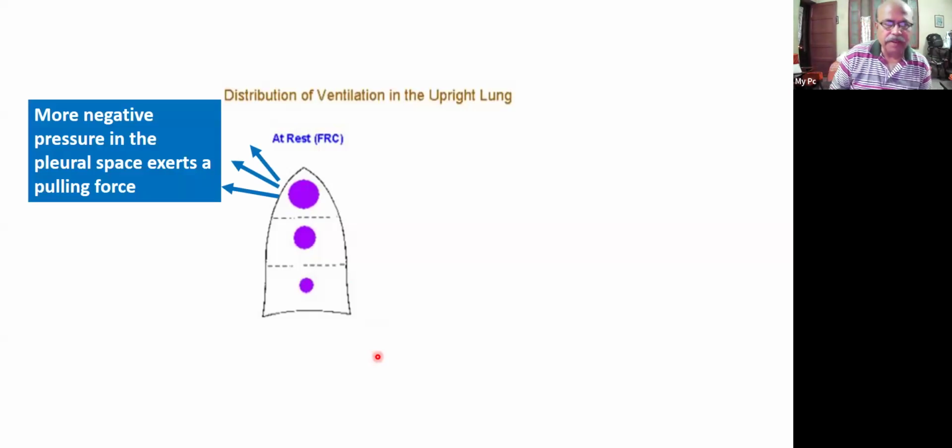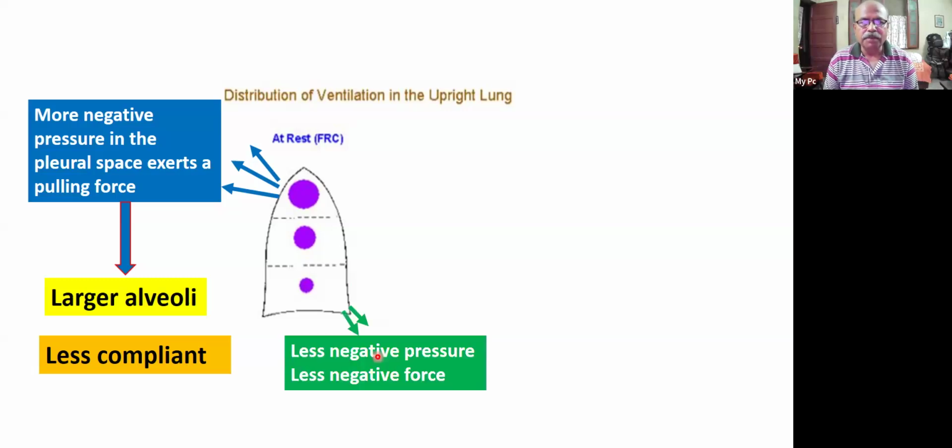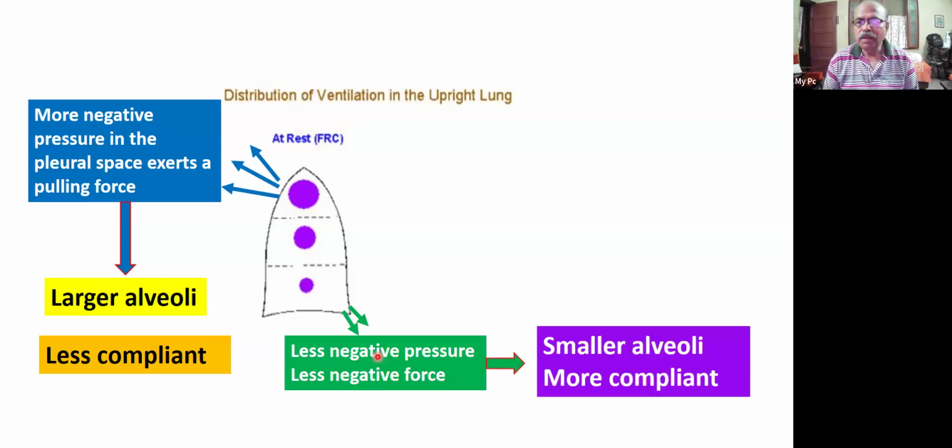What does that do? You have larger alveoli at the apical region, and naturally they are less compliant. But towards the base of the lung, we have more small alveoli because of the less negative pressure. They are smaller alveoli, but these alveoli are much more compliant.